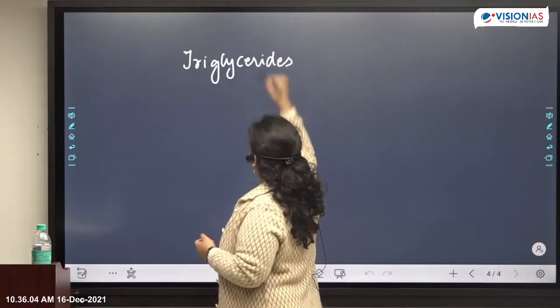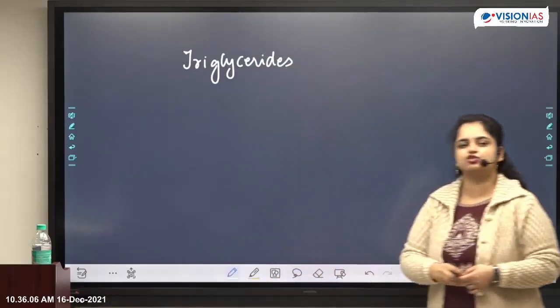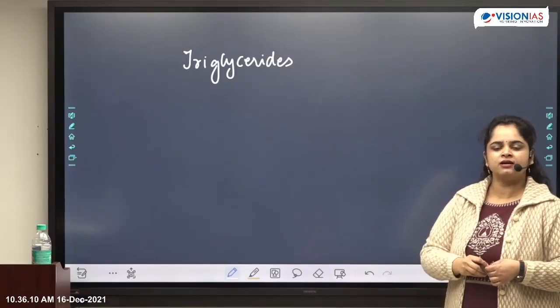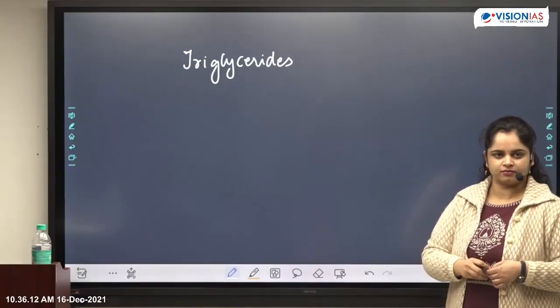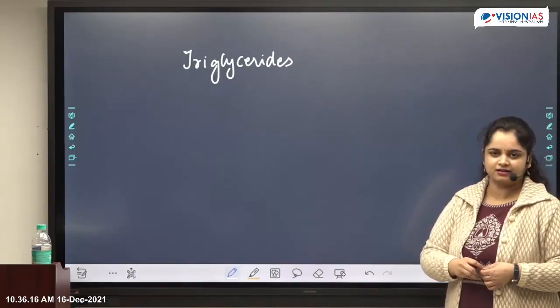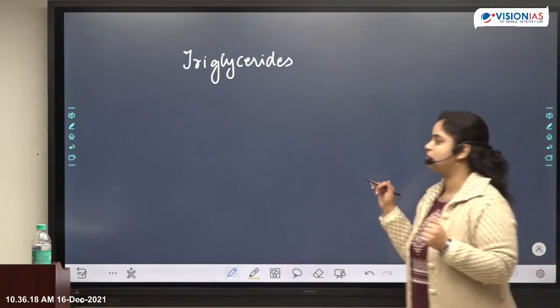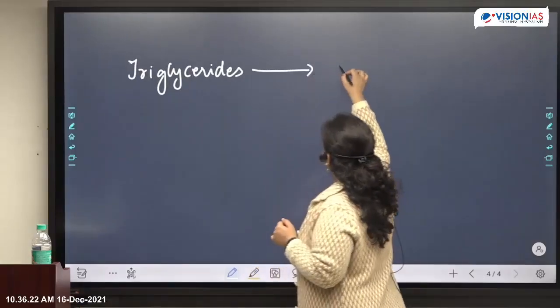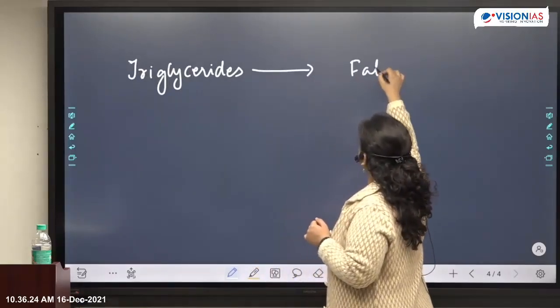The form in which fats are stored in the body is called triglyceride. Fats are stored in the body in the form of triglyceride, and their composition is fixed. They are made up of two things.